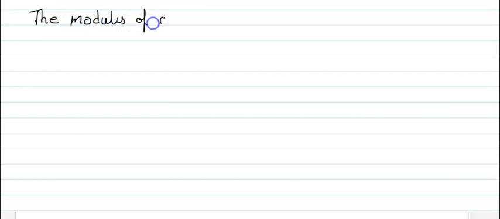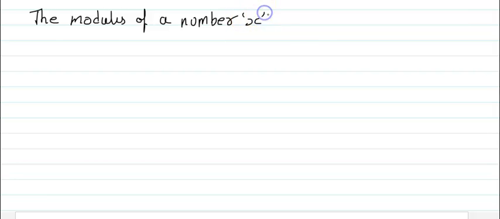So basically, what is modulus function? The modulus of a number x. x is any number.